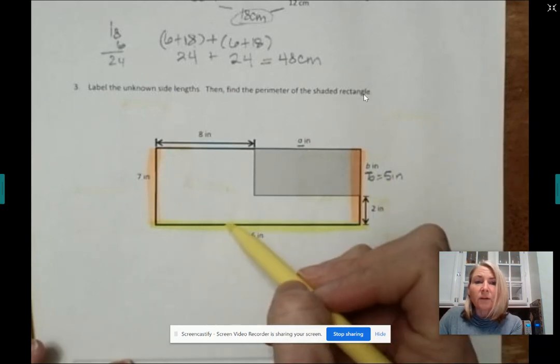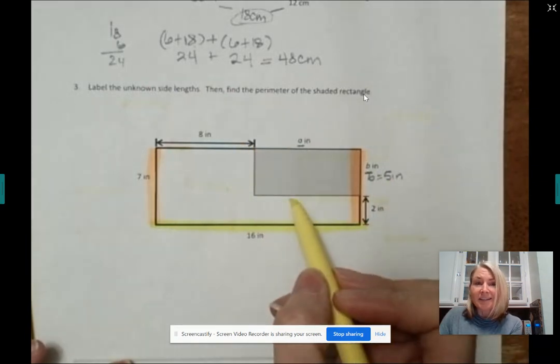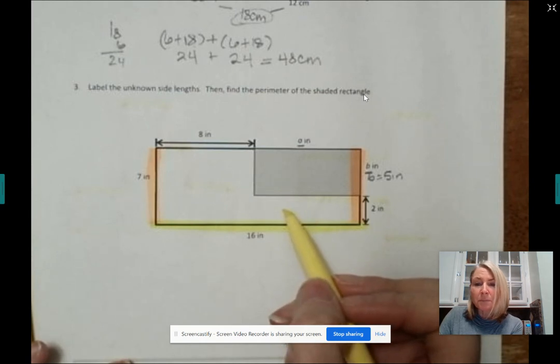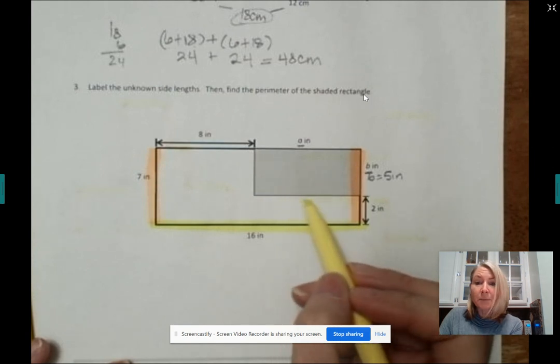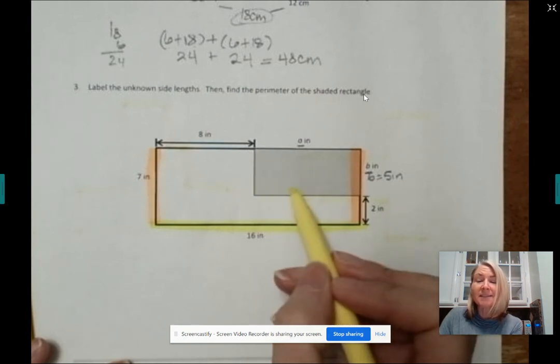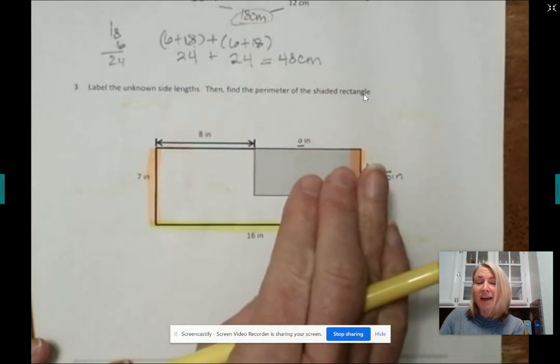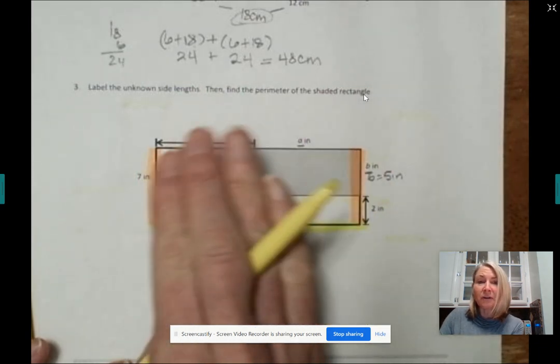Now, looking up, you know the last problem on these problem sets is always the hardest, right? So what they're having you really have to recognize is that this shaded space is not perimeter. This shaded space is area. So you have to shove that out of your calculations.